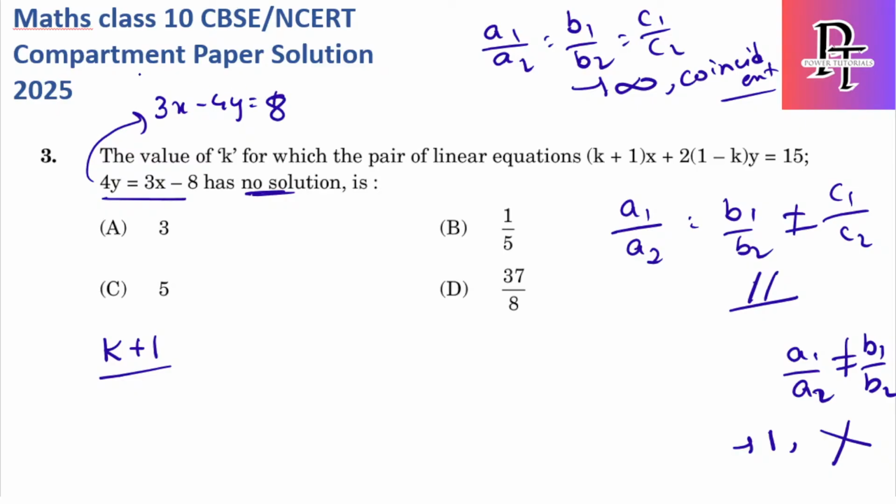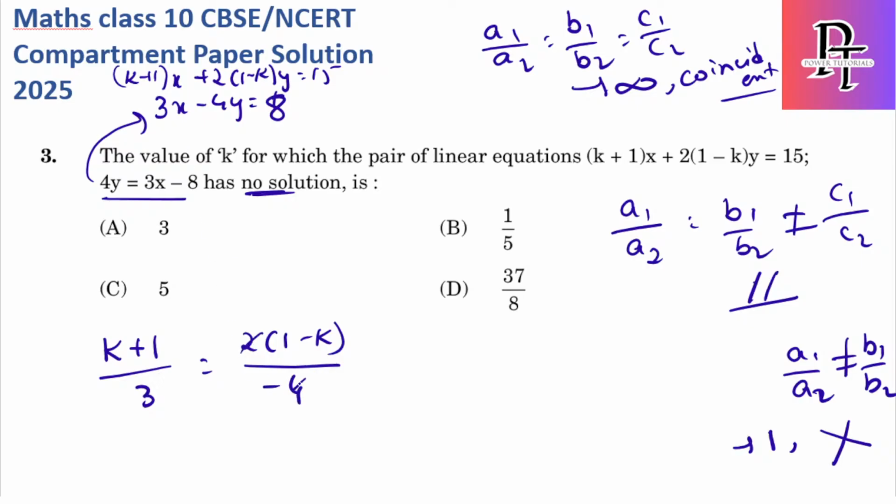And the first equation is (k plus 1)x plus 2(1 minus k)y is equal to 15. This is the first equation. So a1 by a2, which is (k plus 1) by 3, is equal to b1 by b2, which is 2(1 minus k) by b2, and b2 is minus 4.